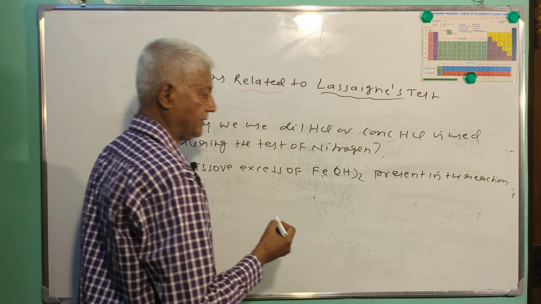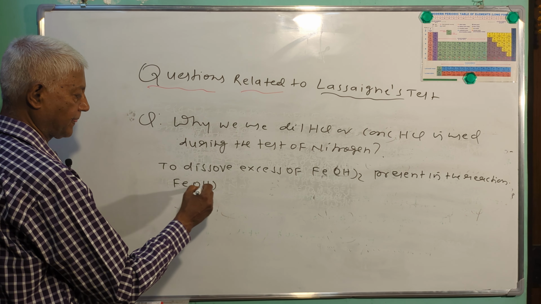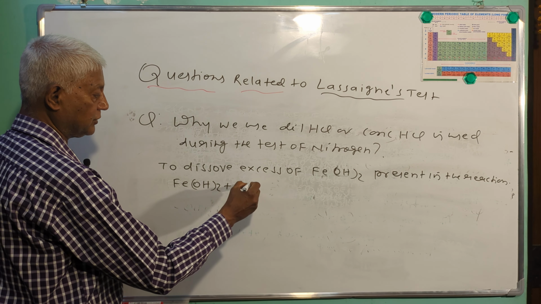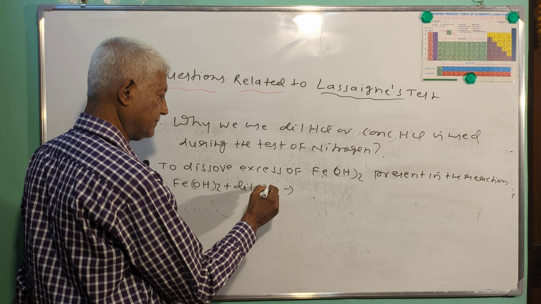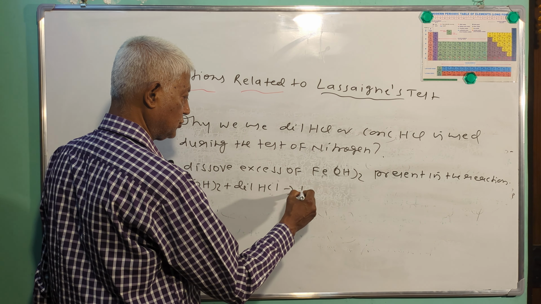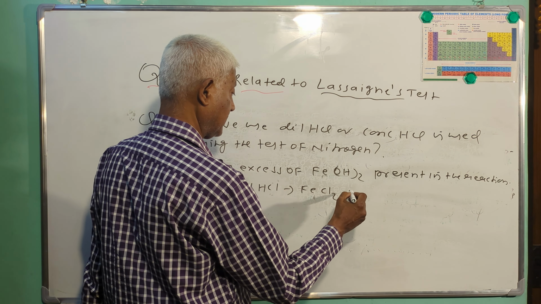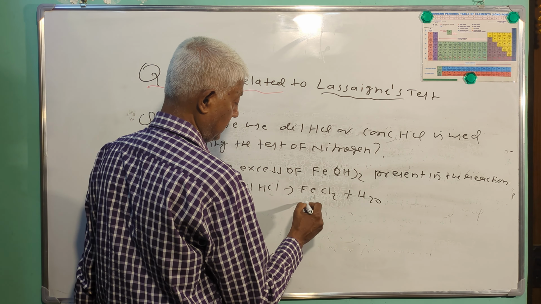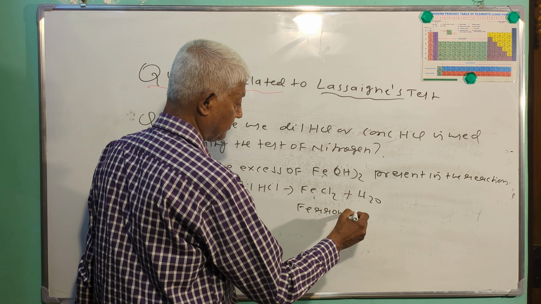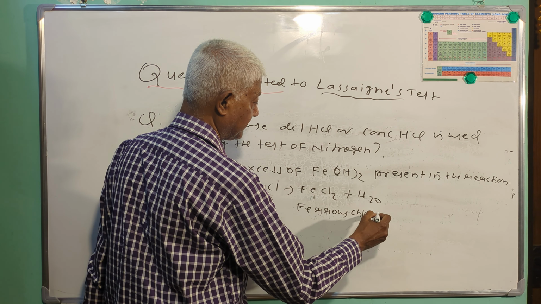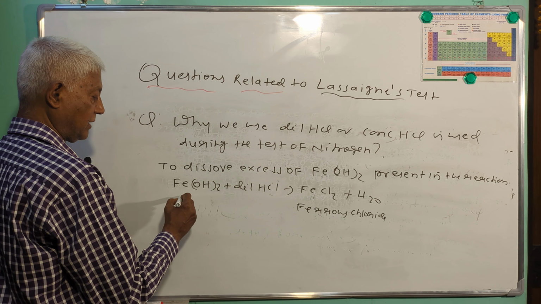So you have clarity on why. Ferrous hydroxide reacts with dilute hydrochloric acid, so what do you get? FeCl2 plus H2O, that is ferrous chloride. What is the color of this?